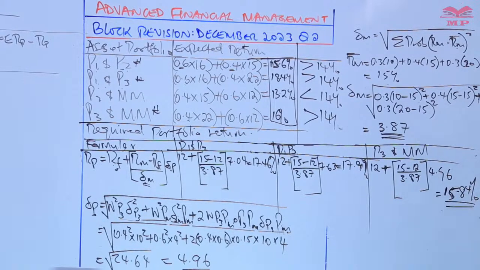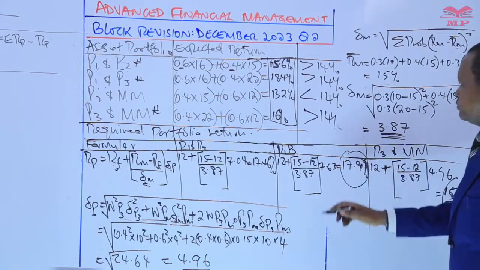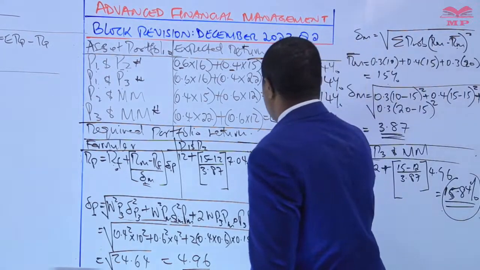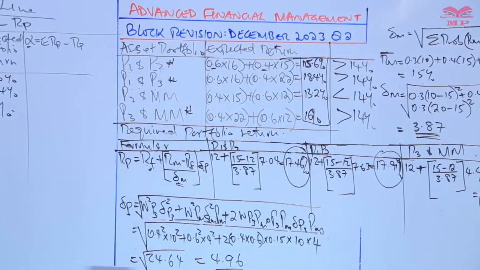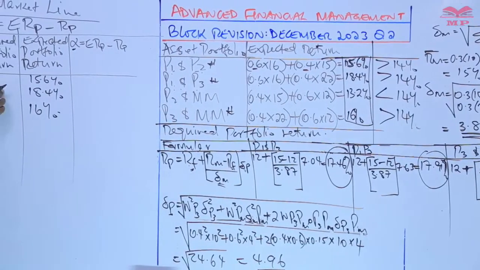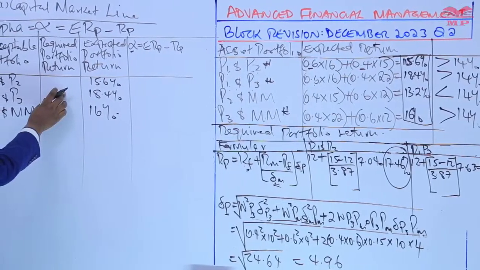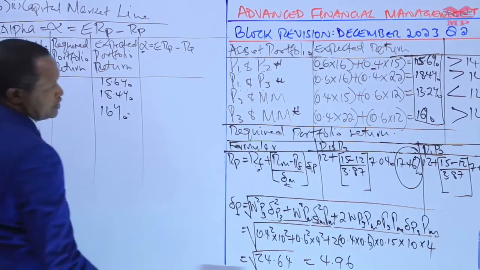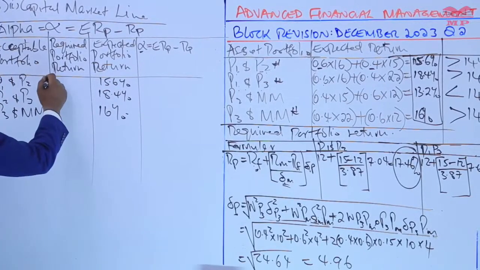So these are the values, candidates. Those are the required portfolio returns for the three portfolios. For P1 and P2, 17.46%.